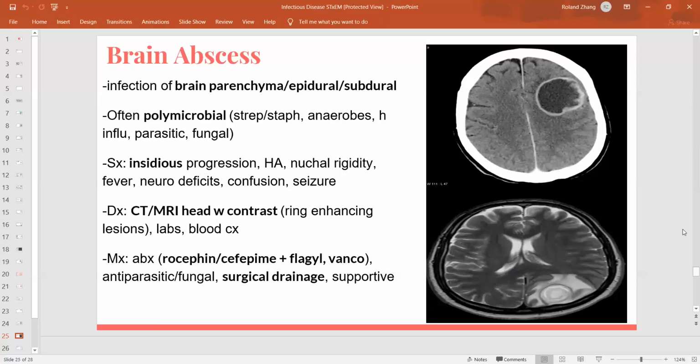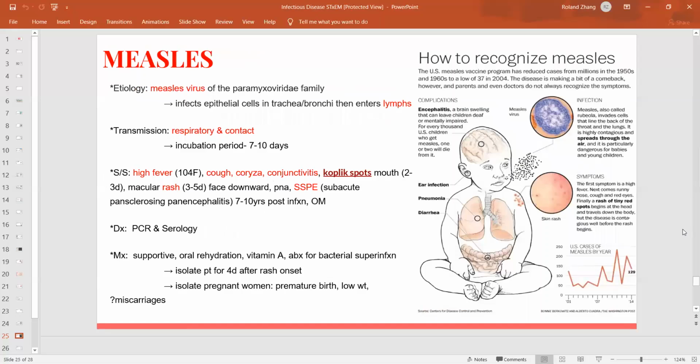Antibiotics for this will be the same as meningitis, but you incorporate Flagyl to cover for anaerobes. And oftentimes these will require surgical drainage.